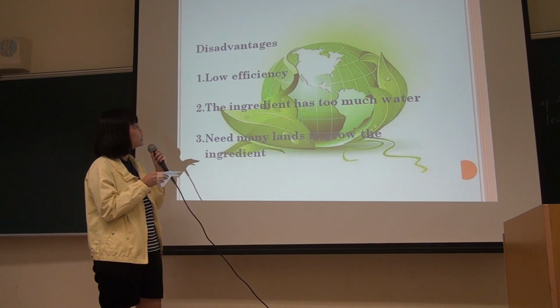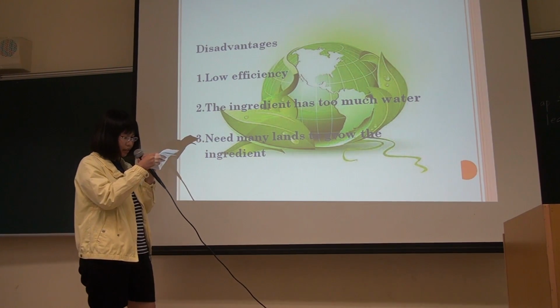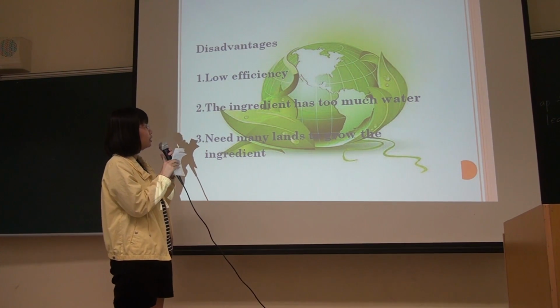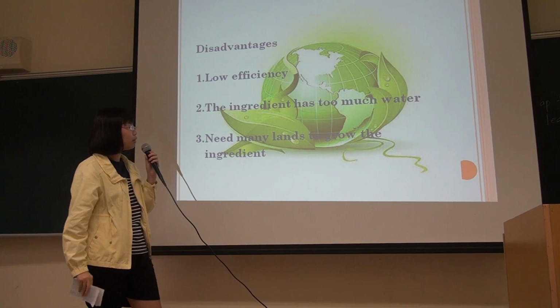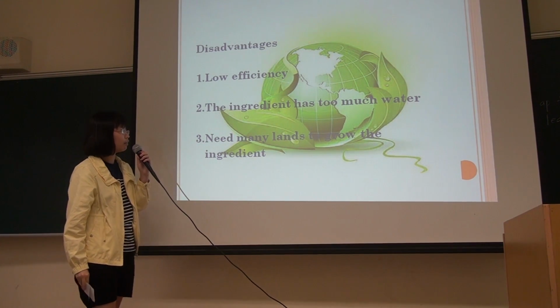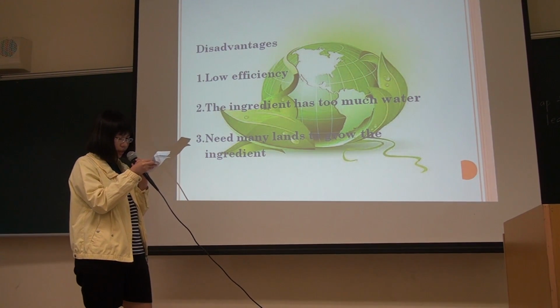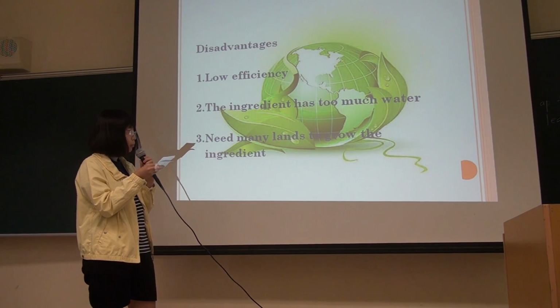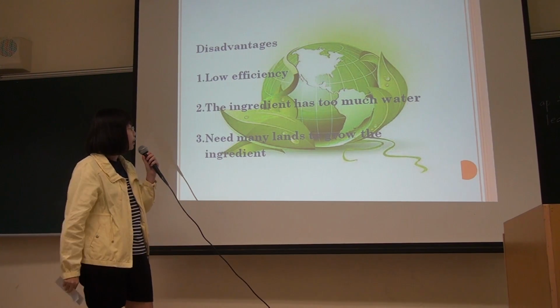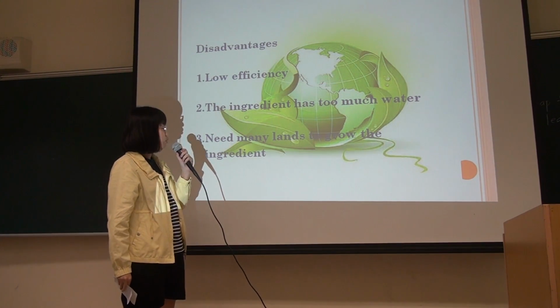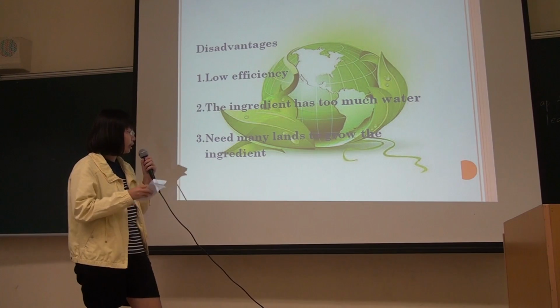But its advantages are also its defects. It's low efficiency, and the ingredients usually have too much water, which is not convenient. You can use crops to make it. However, you need many lands to grow the ingredients.